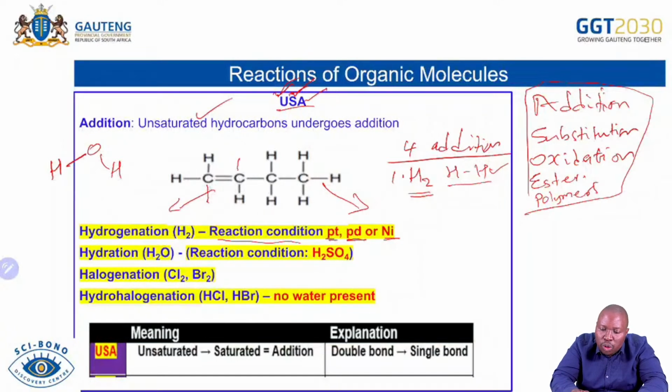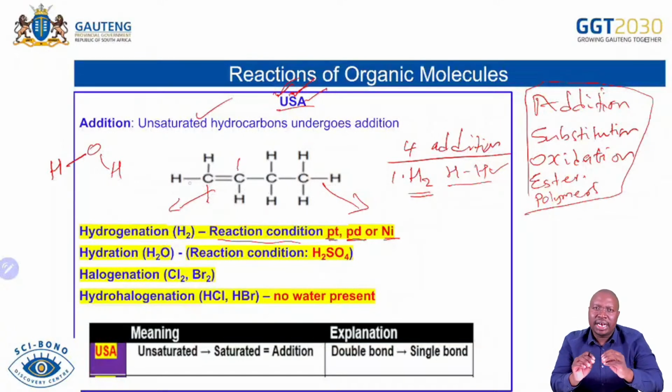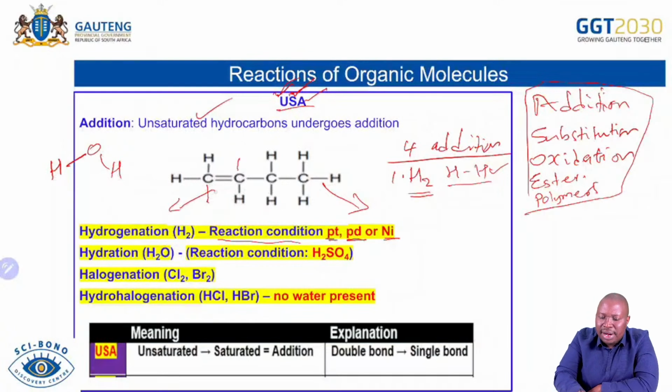The hydrogen will go where there are many hydrogens. So when you have water, for us to get a major product, the hydrogen must go where there are many hydrogens, and the OH will go where there are fewer hydrogens.